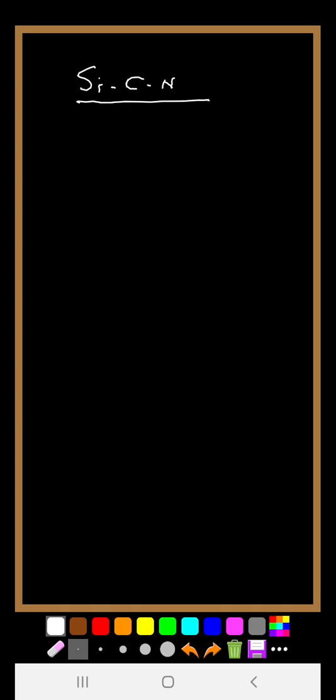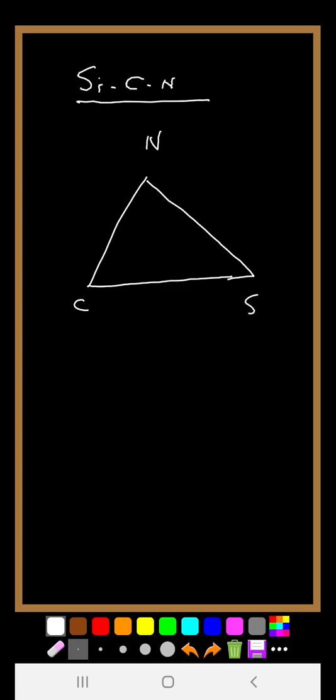So if we look into the phase diagram of silicon, carbon and nitrogen, we have nitrogen, carbon here, and if we put silicon here, the phases formed are Si3N4 and silicon carbide here.